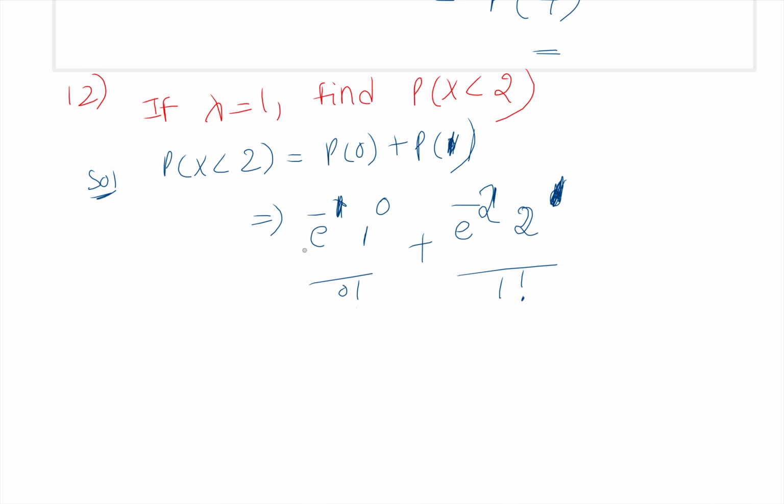Sorry, here the lambda value is 1. Okay, I will solve it once again.